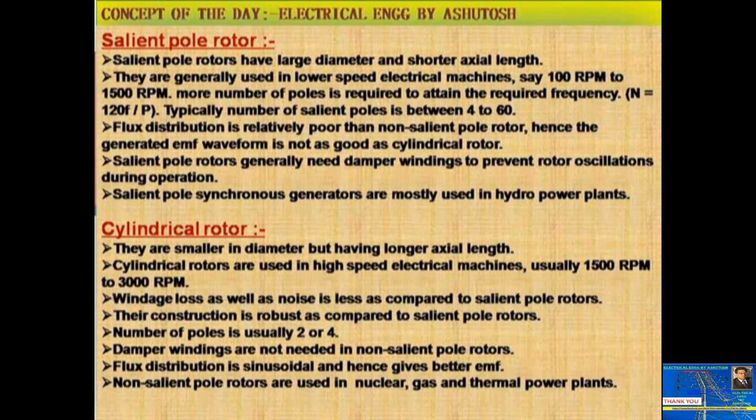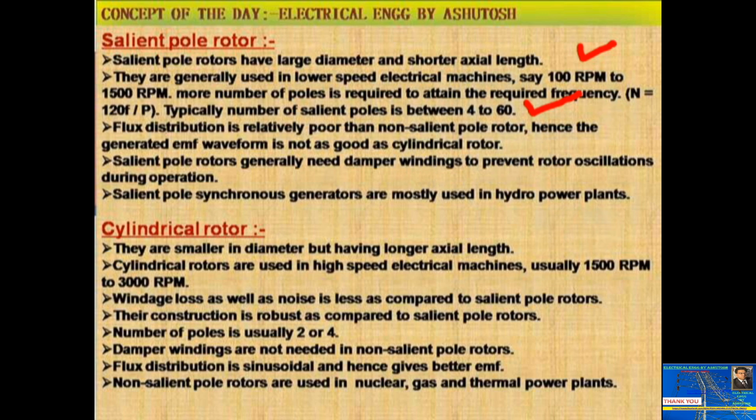More number of poles is required to attain the required frequency, from 100 RPM to 1500 RPM, and typically the number of salient poles is between 4 to 60.